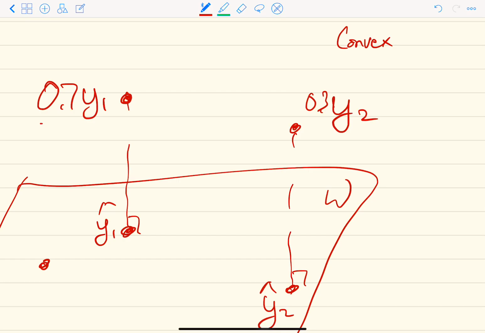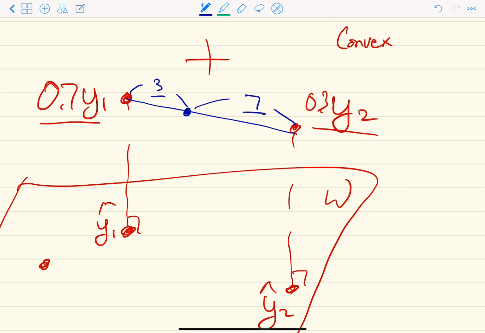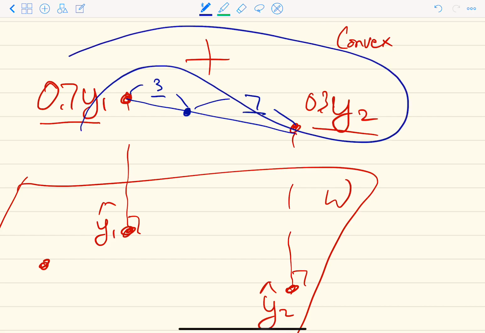Basically this is a weighted average, 0.7 times y1 plus 0.3 times y2. So what's the corresponding point? We have this line, and this point, where this is 3 and this is 7. So it's an interpolated point where the line segment has a ratio of 3 to 7. This is one example of a linear combination.